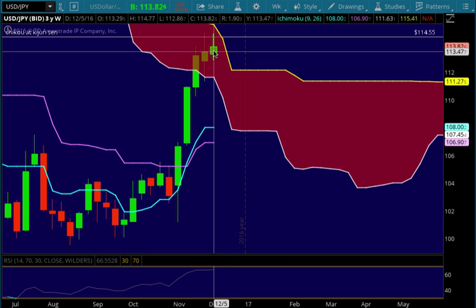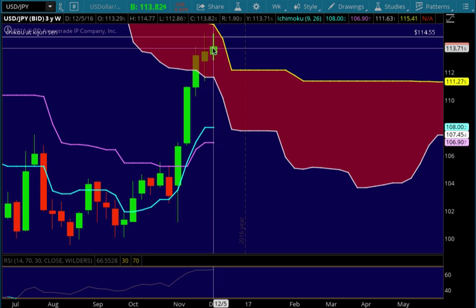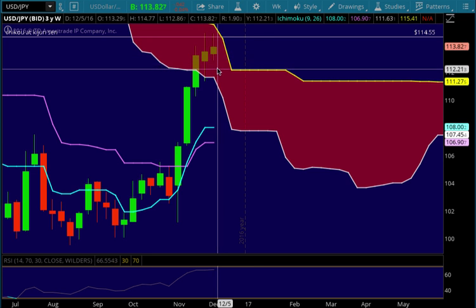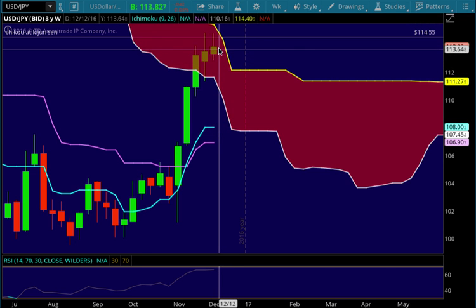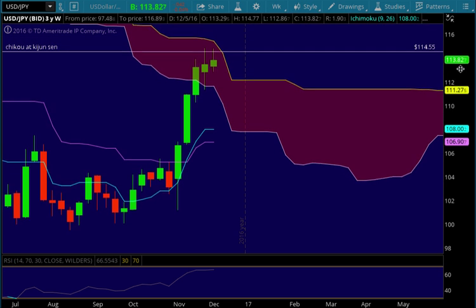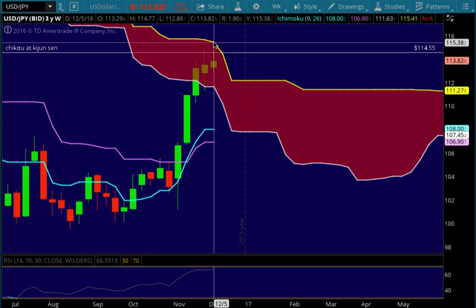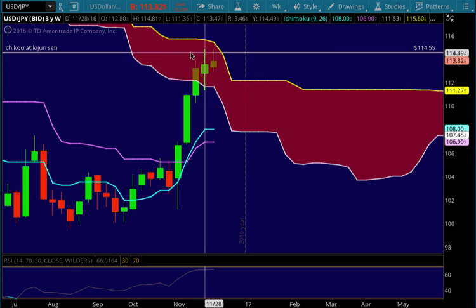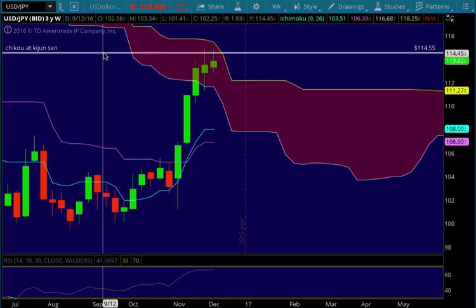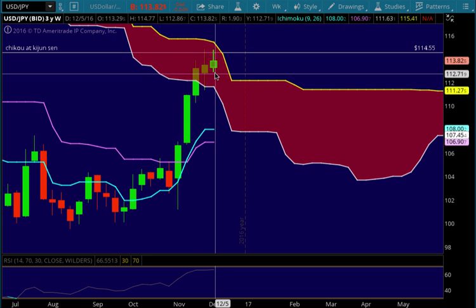I can't really analyze this week's candle because it's still forming, but it's still neutral inside the cloud, and it can go, let me show you, all the way up to the top of the cloud here at 115.41 before it finds resistance other than the Chikou at Kijun Sen resistance that I previously pointed out.